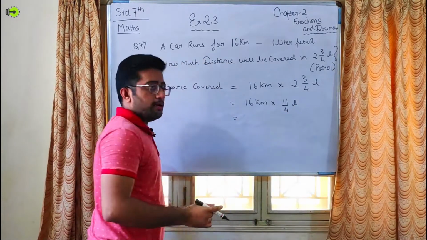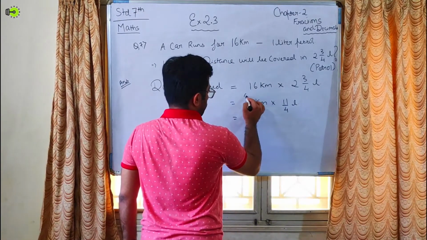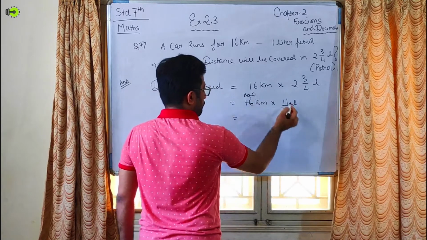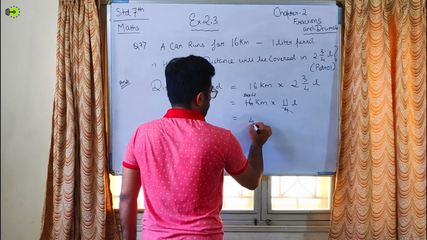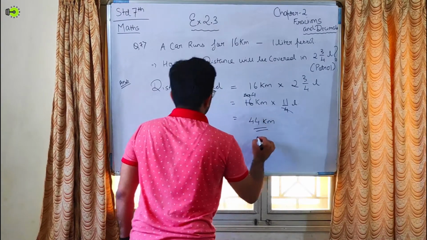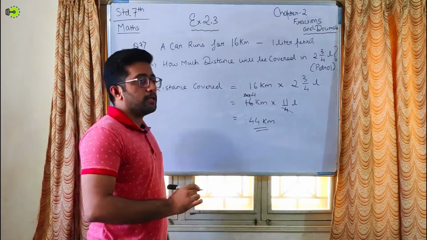Now we will try to cut out if there is something in common. So here it's 4 into 4, this and this will be cut down, so 4 into 11 will be 44 kilometers. Because you are asked the distance, the answer will be in kilometer.